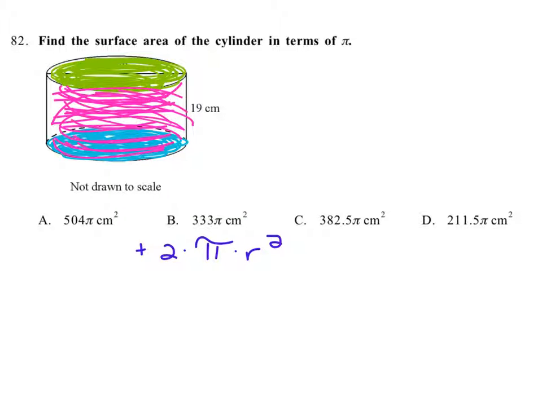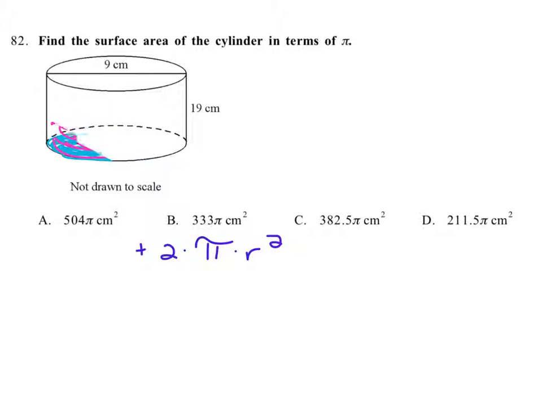Basically, let me erase all these marks. If you were to take this surface that's wrapped around the outside edge and you were somehow able to slice it along here and open it up, you would get a rectangle that was this high by this would be the edge of the width.